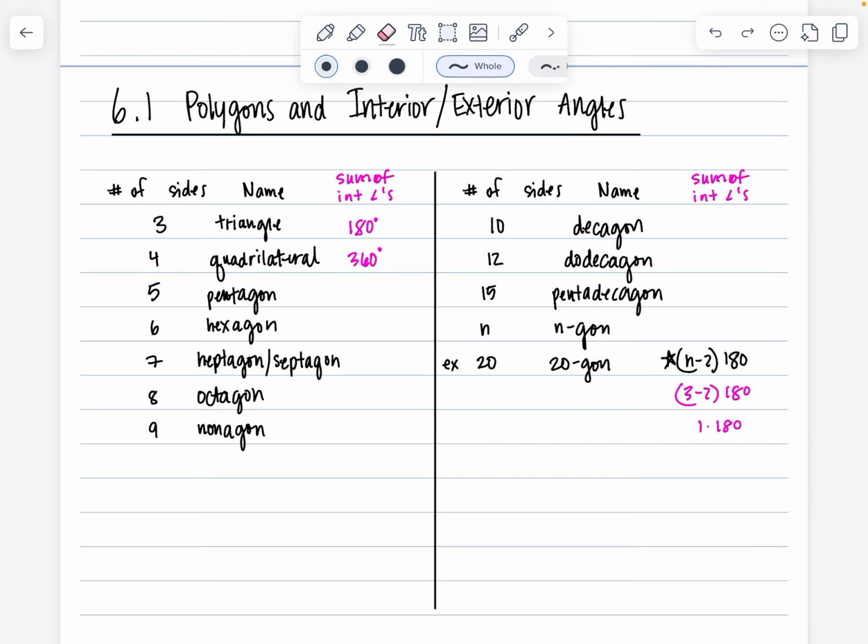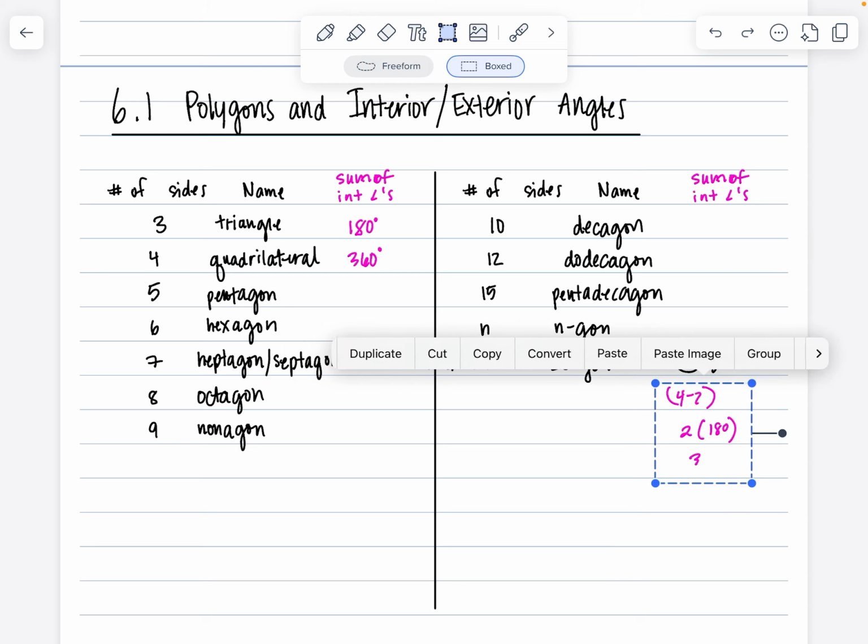You could also do this for a quadrilateral. A quadrilateral has 4 sides, so 4 minus 2, which is 2, times 180, makes 360. We see that happen here.